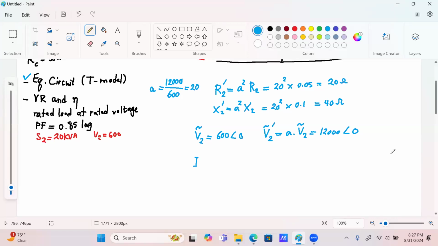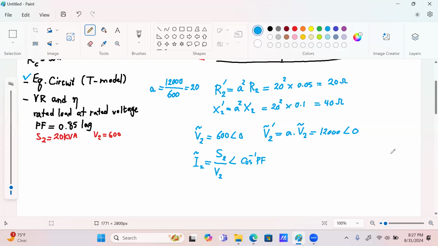What about I2? I2 can be found from the information provided. I2 essentially is S2. Notice there is no tilde on top of S, so this is the apparent power, not the complex power, divided by V2 with angle cosine inverse of power factor.